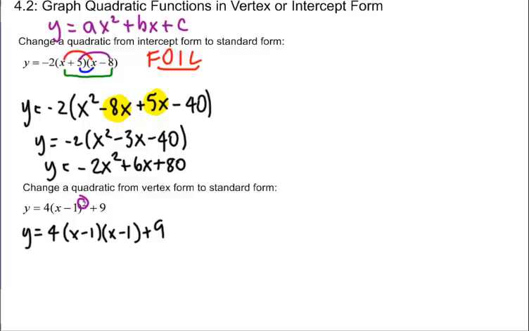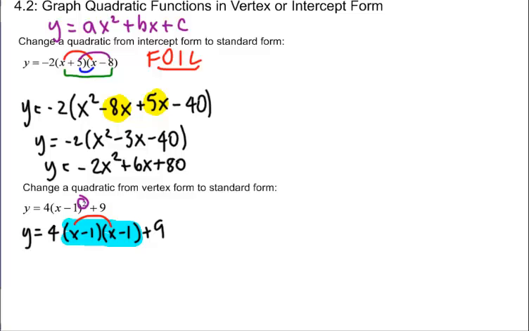And to do this guy, we've got to do this part first. After it's completed, then we can get on to adding the 9 and the multiplying with the 4. So again, just like we did on the previous problem, I want to connect these two guys together.